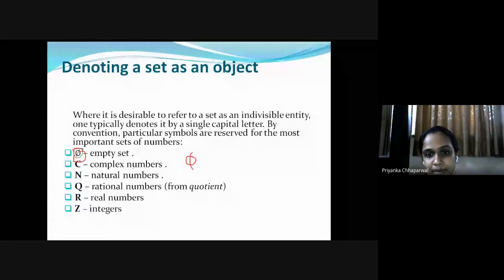So when we have an imaginary number, it is a type of complex number.